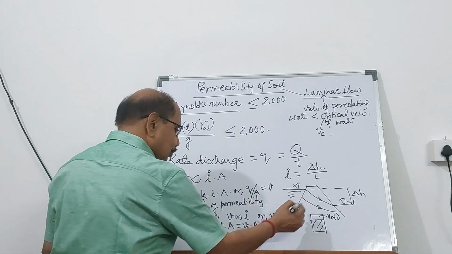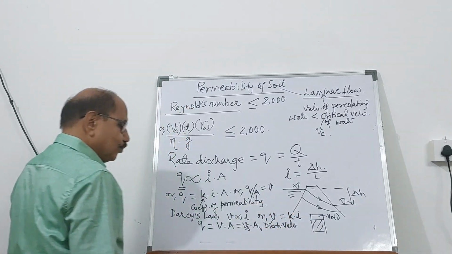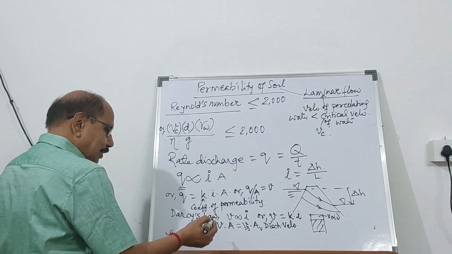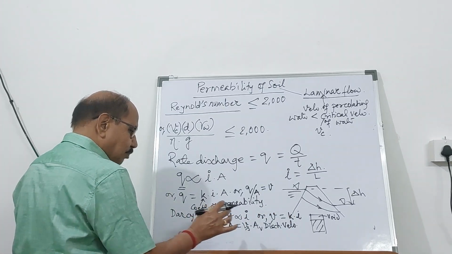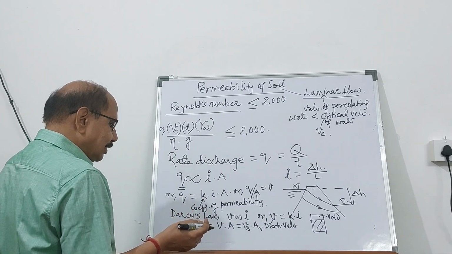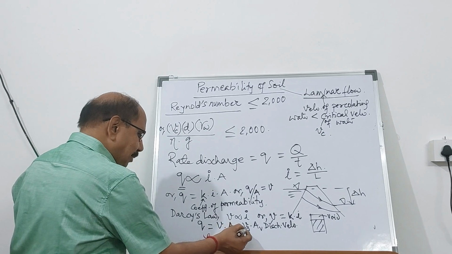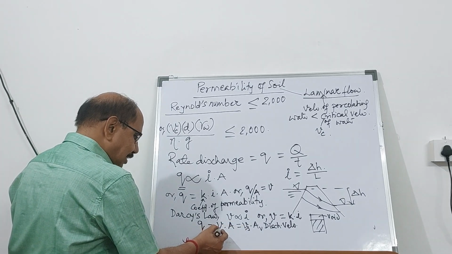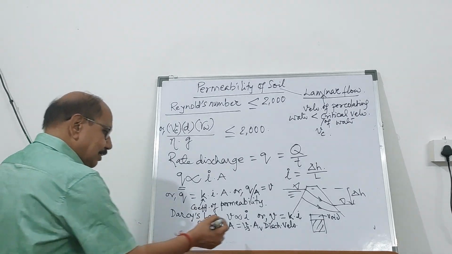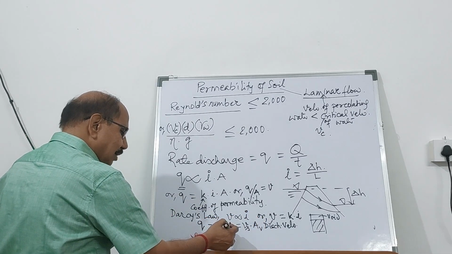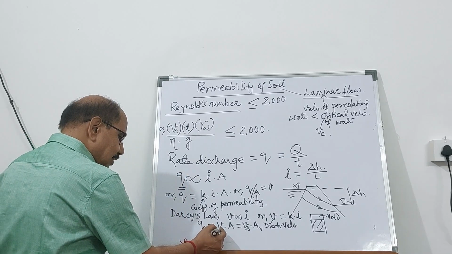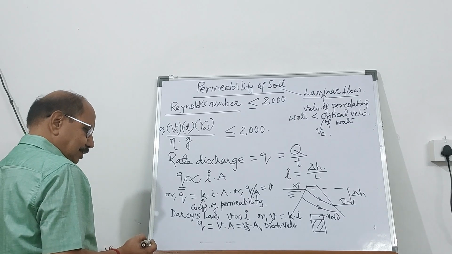So if you take the three-phase diagram, you know that the water is percolating through the interconnecting voids, and that is called the seepage velocity. This is called discharge velocity. This is called seepage velocity. And the area of the void is much less than the cross-sectional area. Therefore, this velocity is also called superficial velocity.